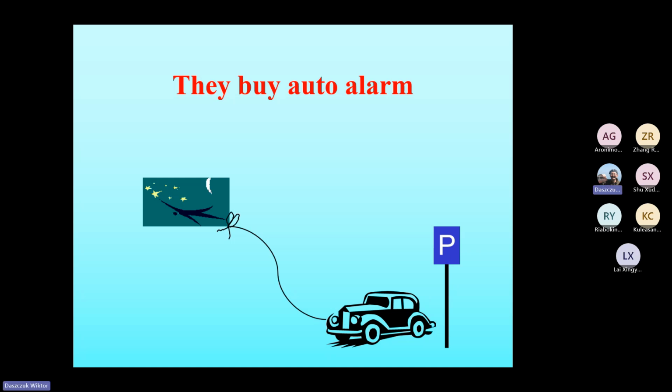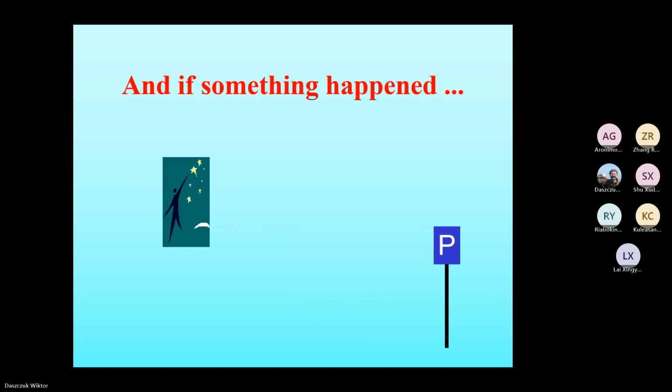Okay. After buying an auto alarm, here I showed a mechanical version of an auto alarm. We have a wire connected to the car and to our toe. If someone steals the car, the wire wakes us up, and we just run after the thief.